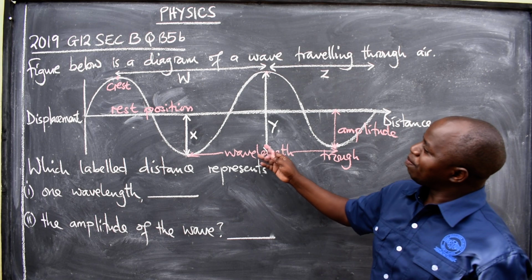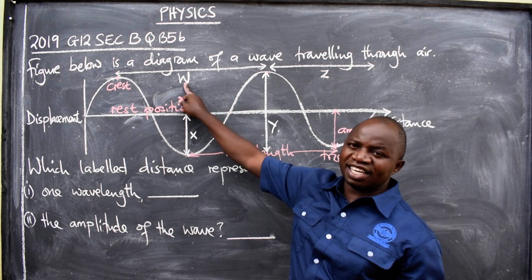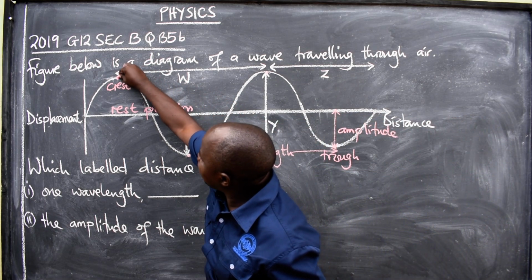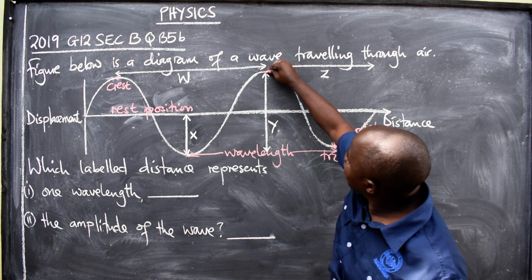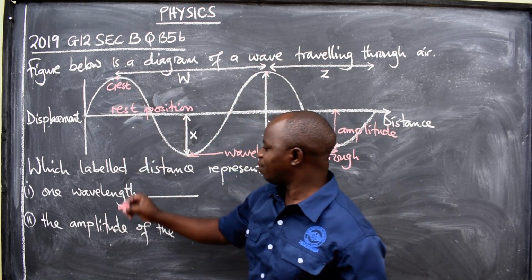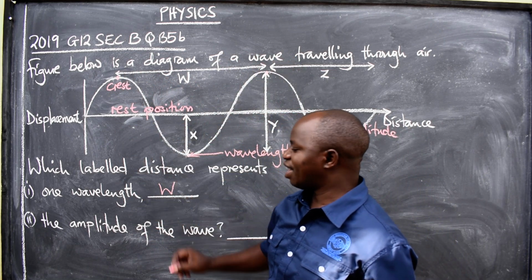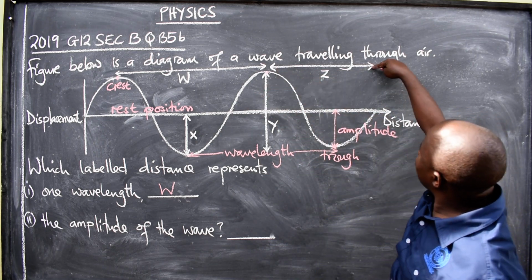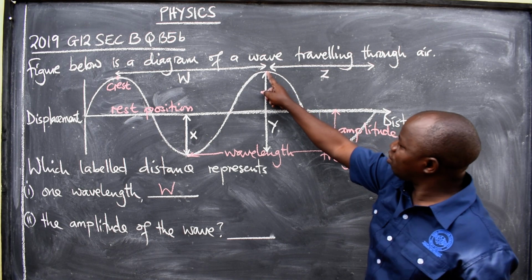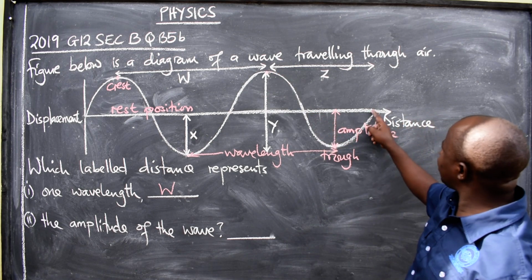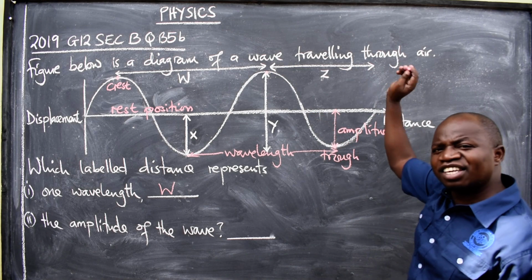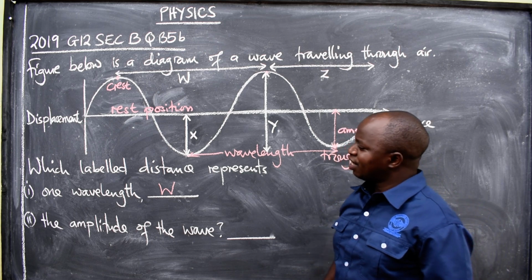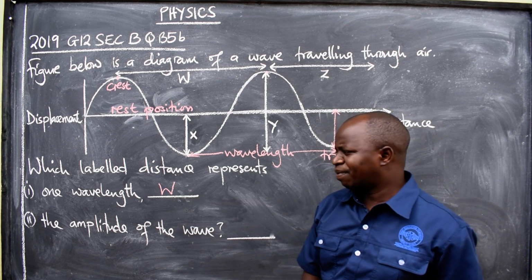You can agree with me that it is this letter here, because it's from one crest here to the next one here. It's the only one. So, W. You might say, no, Z, is this complete? If it is to start from here, it would have to go up to somewhere here. Then it is complete. So the correct answer is W.